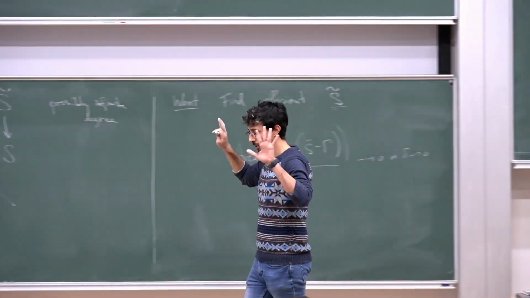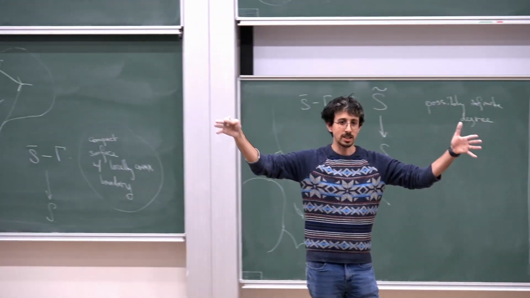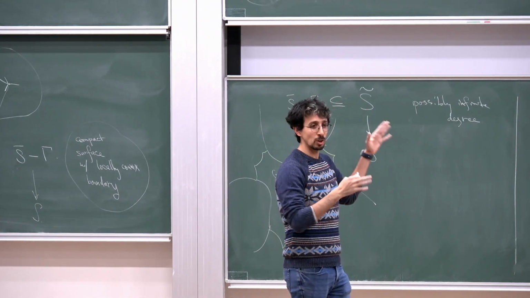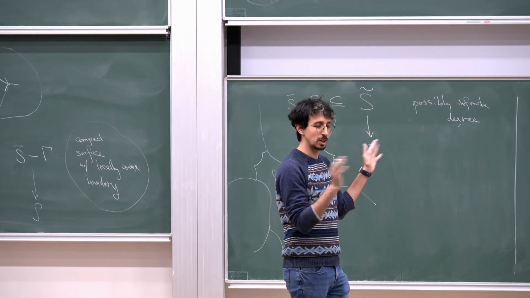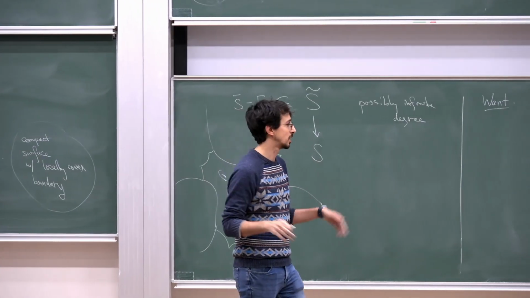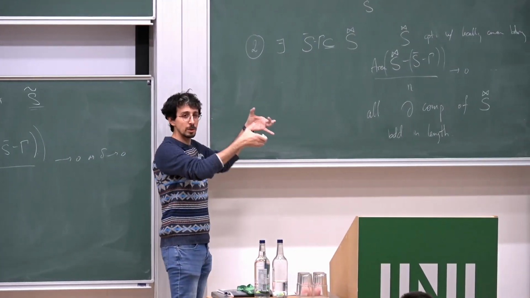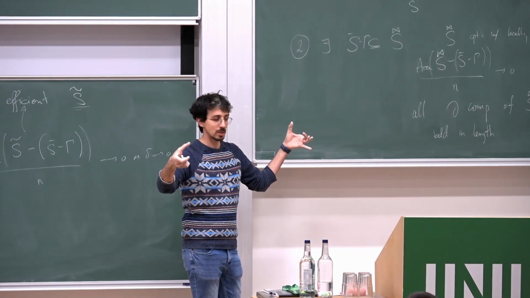So again, there are two problems. One is just to find any closed finite cover that will contain S bar minus gamma. Maybe not efficient, find any. And the other is to find something that's not closed. It has boundary, but all of the boundary components are bounded in size.